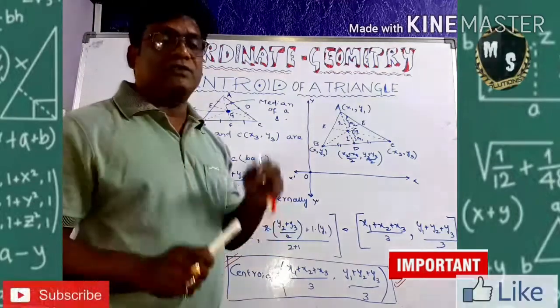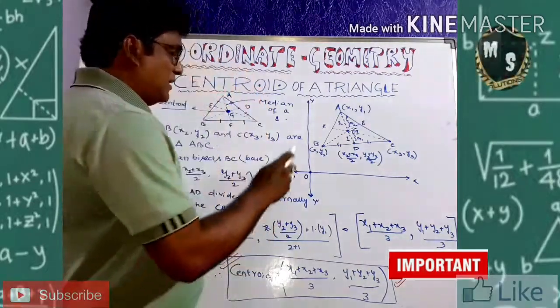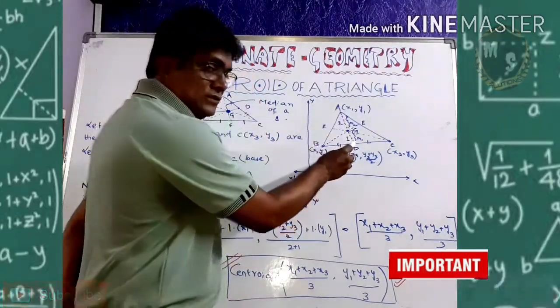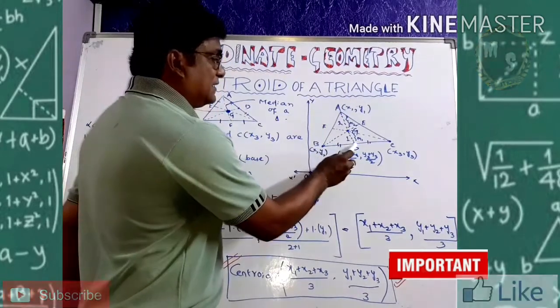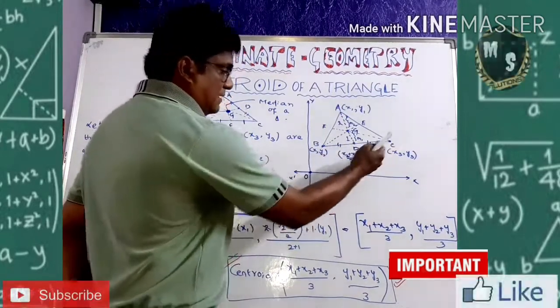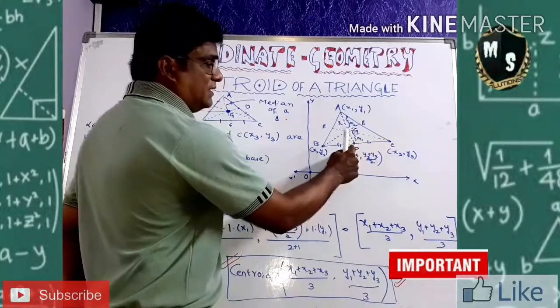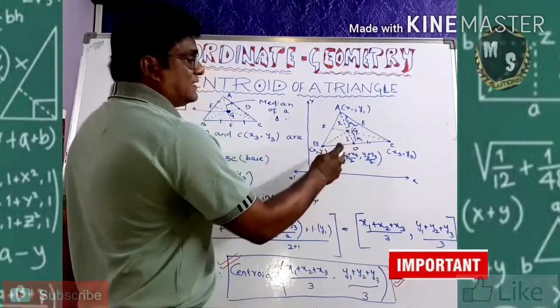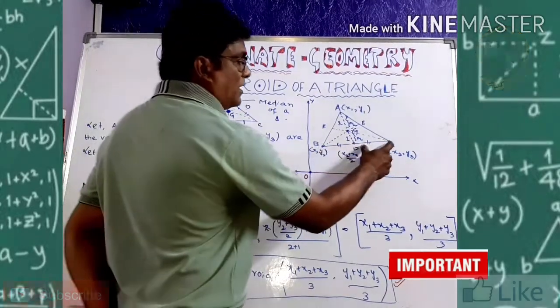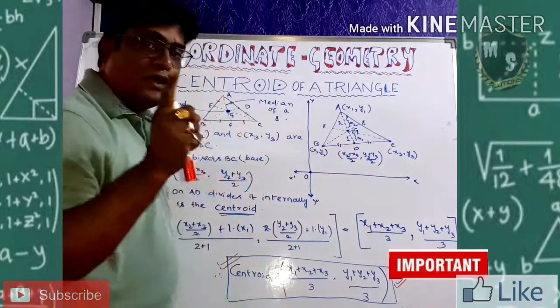One thing you must watch: D is the midpoint of BC, because point D divides BC into two equal halves.